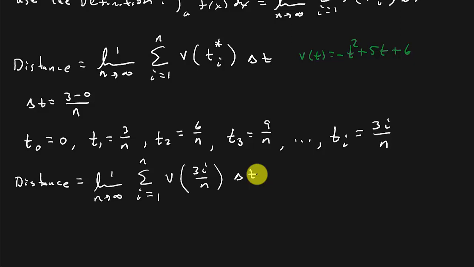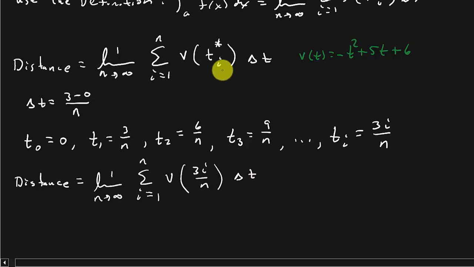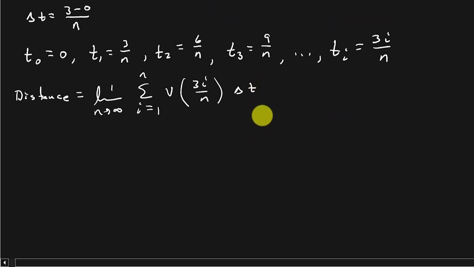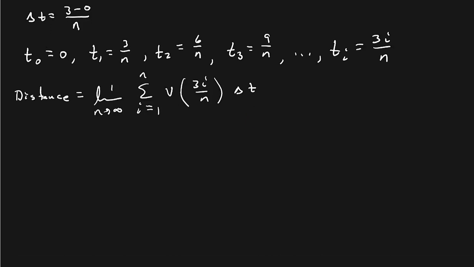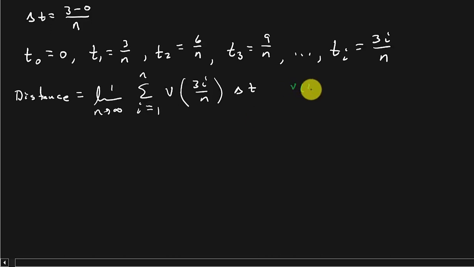All right, so I hope all this is making sense so far. See, all I'm doing is plugging everything into here. And I got t sub i, 3i over n. All right, so again, let me write the function down so we can see it.